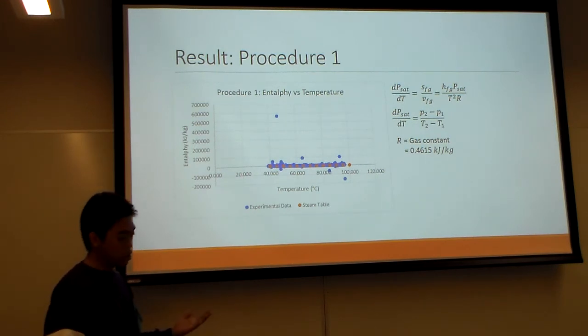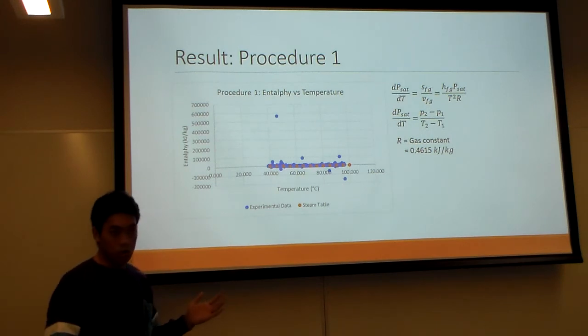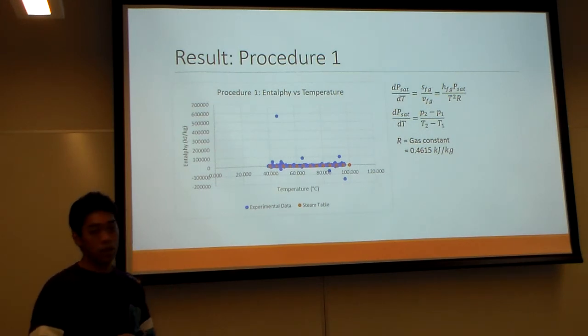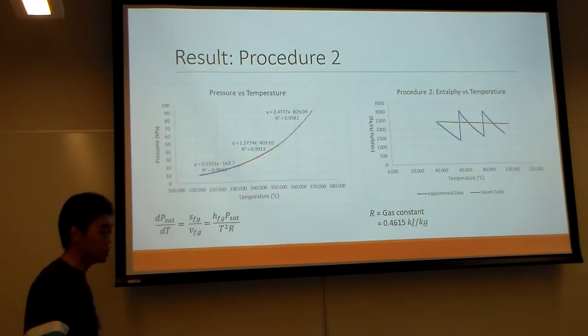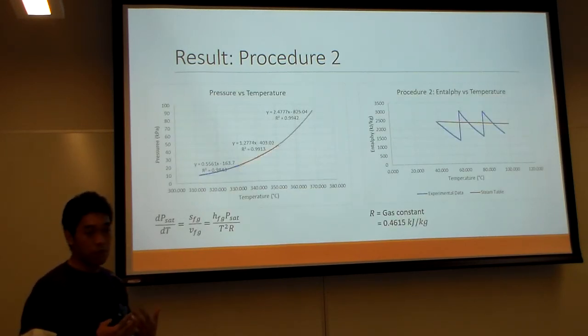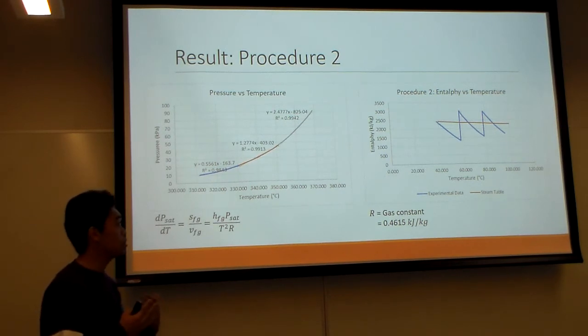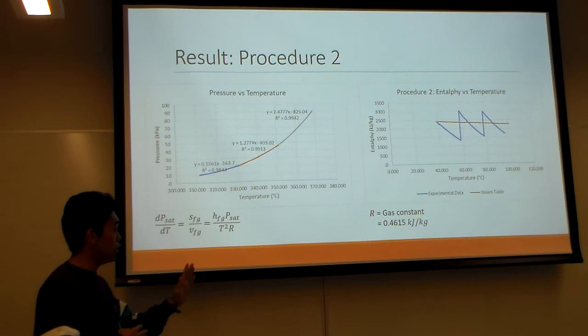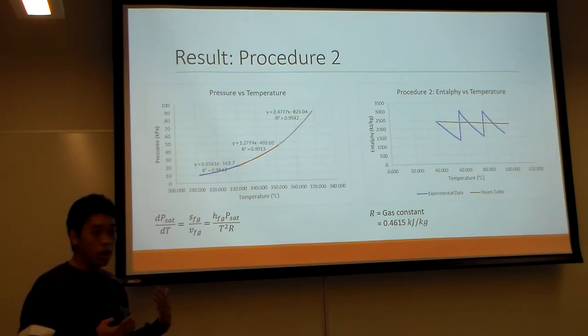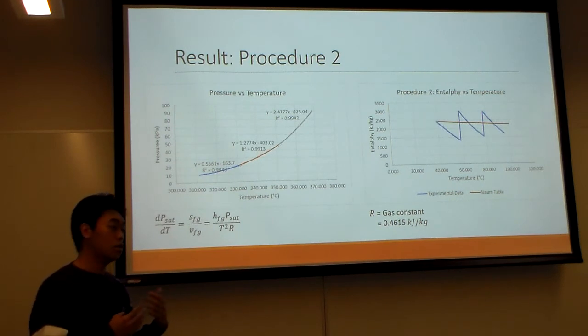So based on this result, since this error is not good for measuring the latent heat of vaporization, we move to the second procedure, which is to find the derivative in a certain range of the temperature. Here I divided it into 3 different ranges of temperature, and then fitted the graph with linear fits.